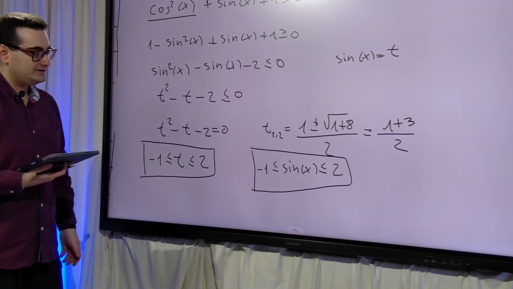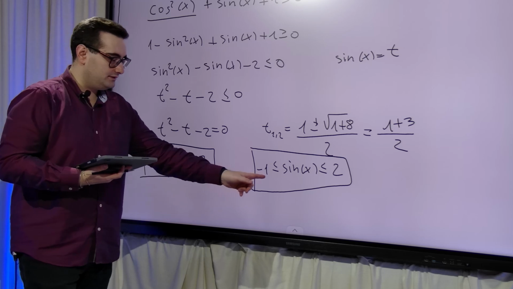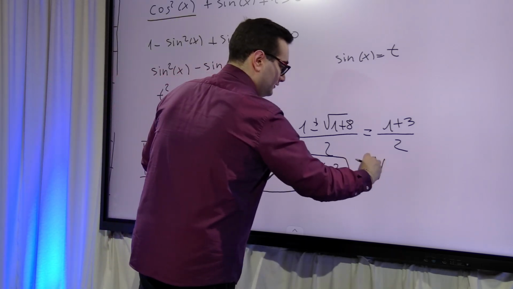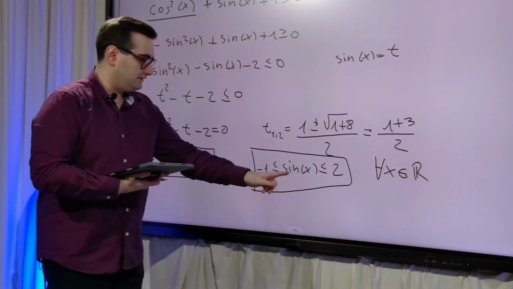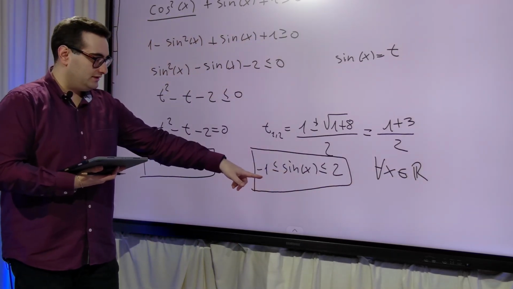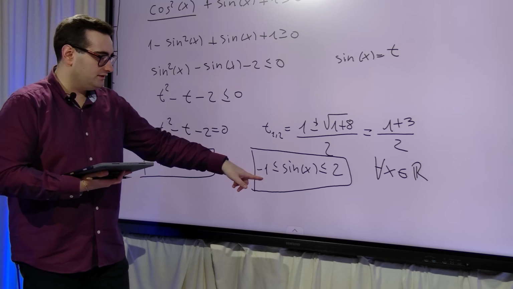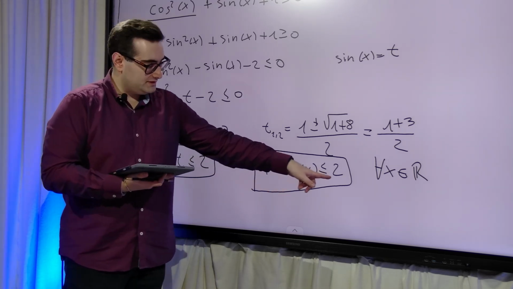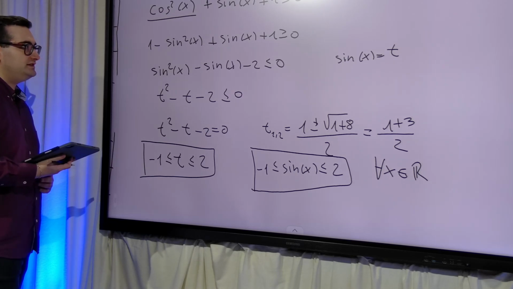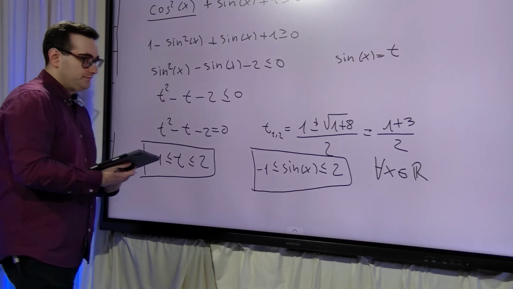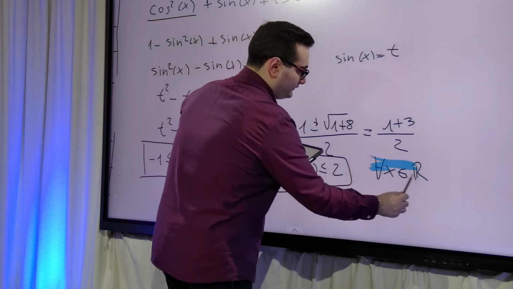And as you can see, this is satisfied for each x belonging to R, because the sine is always greater than -1 and always less than 2. So this is the solution of the inequality.